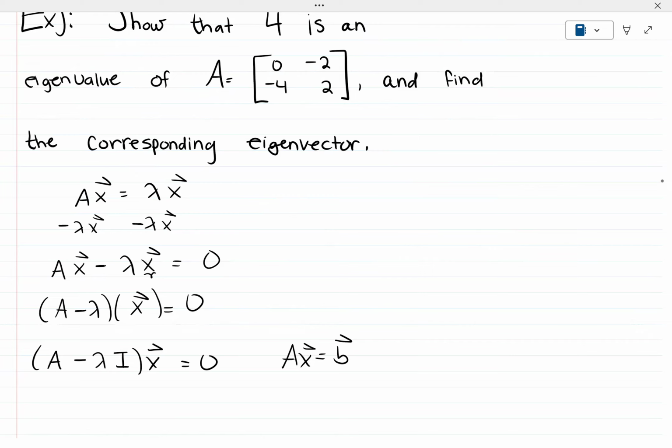And then what we have to do is solve for vector x. It's going to be matrix A augmented with vector b.